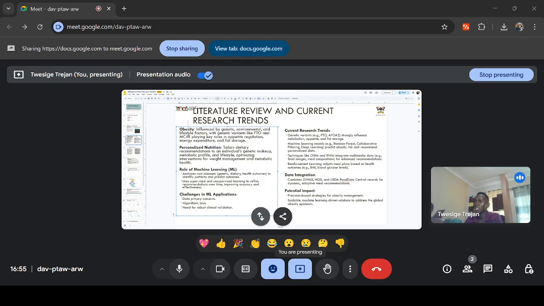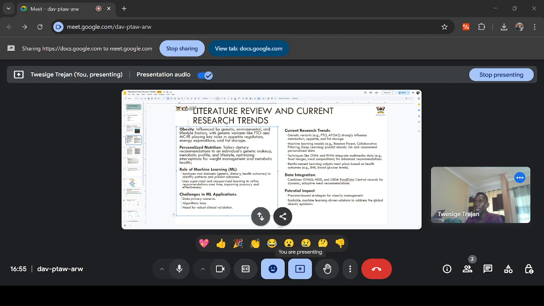So the current research trends: we have genetic variants strongly influencing metabolism, appetite, and fat storage. As we addressed in some of the earlier submissions, we talked about these 4 genes and how each of them affects metabolism, appetite, and fat storage.